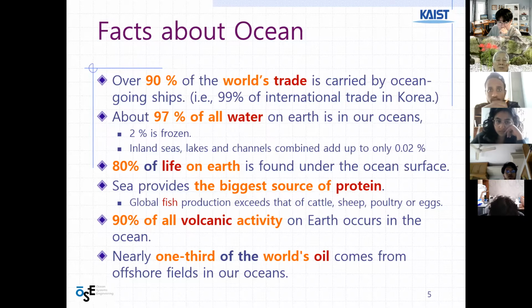We started to use land-based oil and gas first, and we did not utilize ocean-based oil and gas yet. So the percentage is increasing as time goes on.